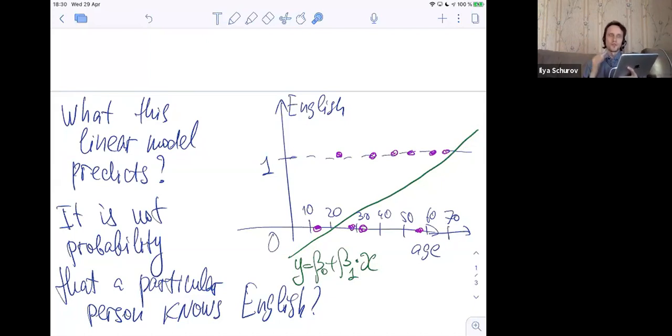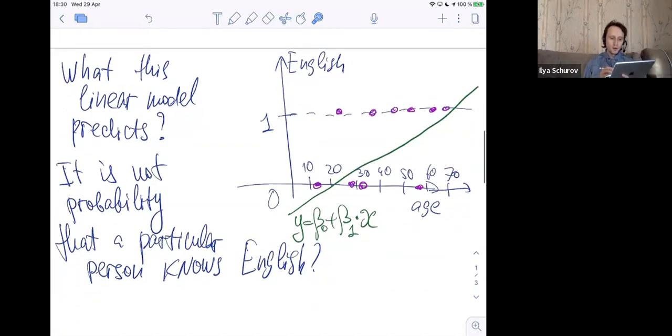It is just a fraction that has to be less than 1. So when we use this model, it is not clear what this model predicts. So we want a bit different model with a more clear interpretation, with more clear meaning of what we predict.